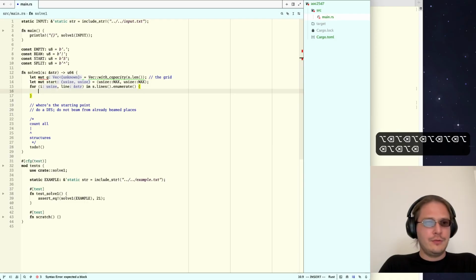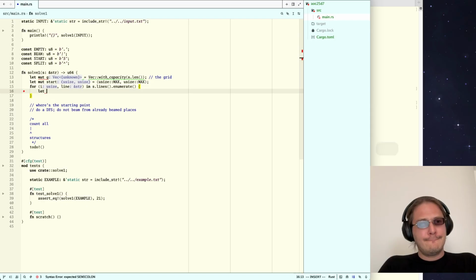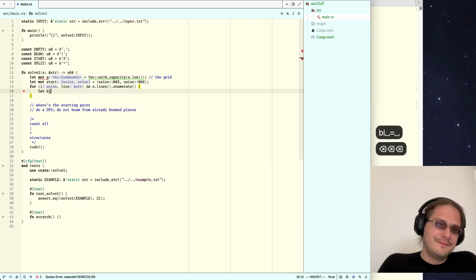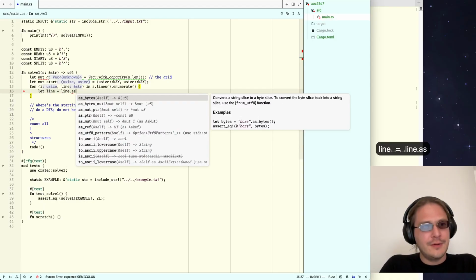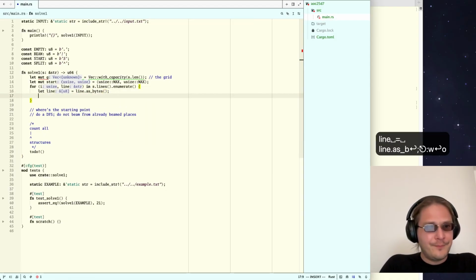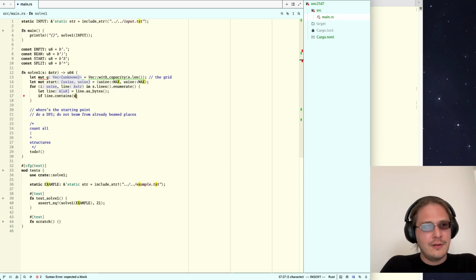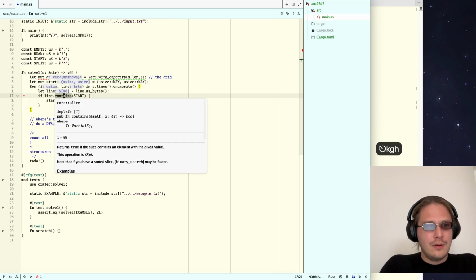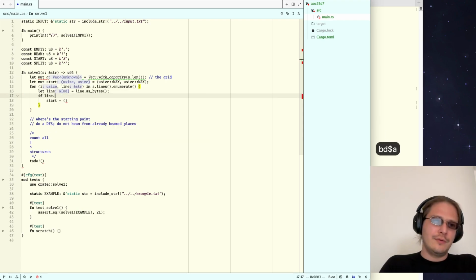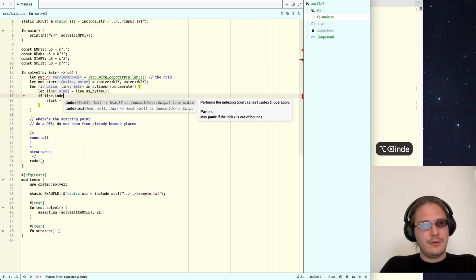Okay, yeah, let's do a conversion. Byte line. Okay, this is getting ridiculous. Yeah, let's just convert it as it is, as bytes. If line contains start, then start becomes, oh, I also want to know the position. Come on.